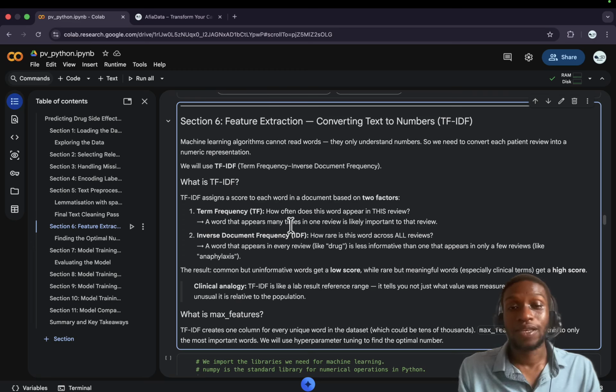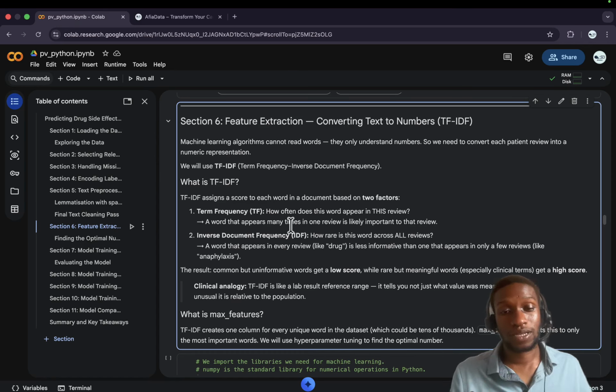And then the IDF part is inverse document frequency: how rare is this word across all reviews? A word that appears in every review, like drug, is probably less informative than one that appears in only a single review, like anaphylaxis.